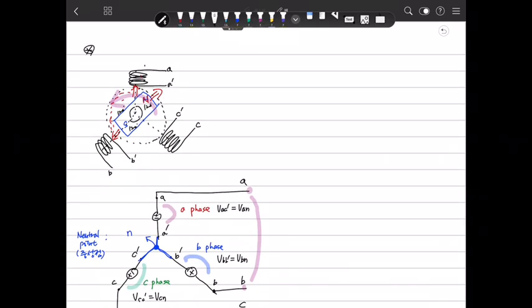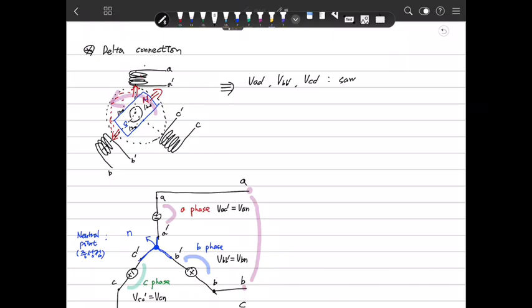I will introduce the delta connection. So from this circuit, we get a VA prime, VB prime, VC prime.